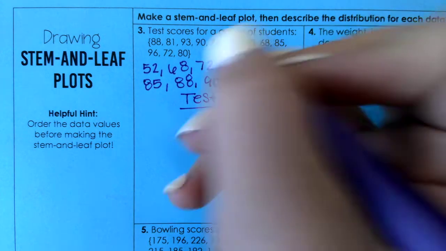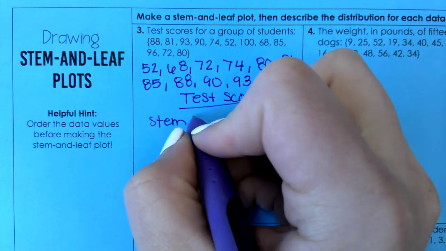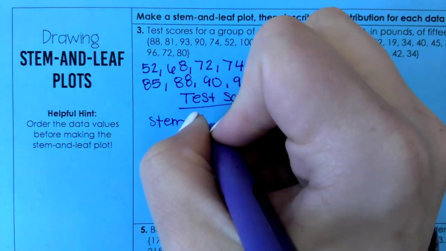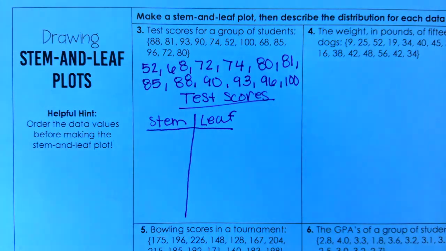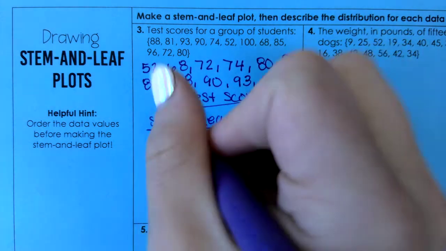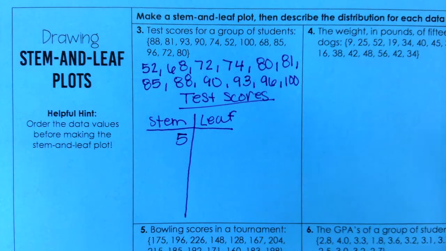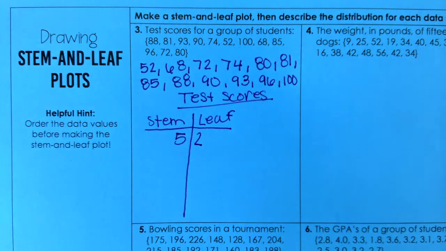Okay, so then I'm going to have my stems over here, so I'm going to write stem. And then I'm going to write leaf. What's my smallest value? 52. So I'm going to write 5. Well, 52, my leaf would be 2 then.